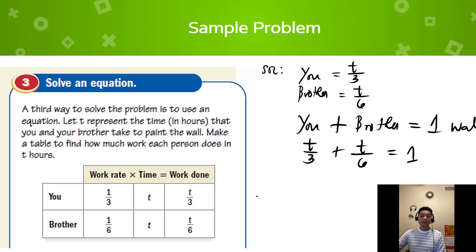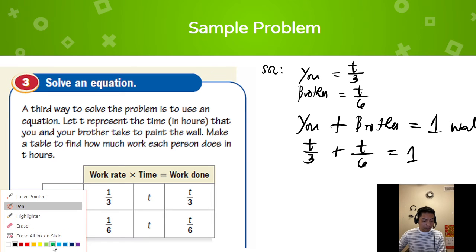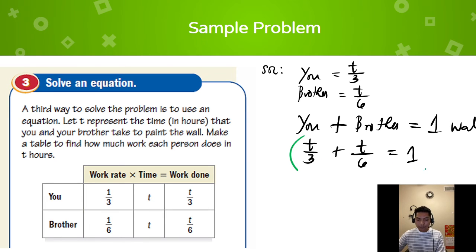Okay? Now, notice that we now have this equation, which is actually our past lesson. What lesson? Equations involving rational numbers. So these are rational numbers right here. Then how do we do it? We can actually use the idea of LCD. But what are we going to multiply here?